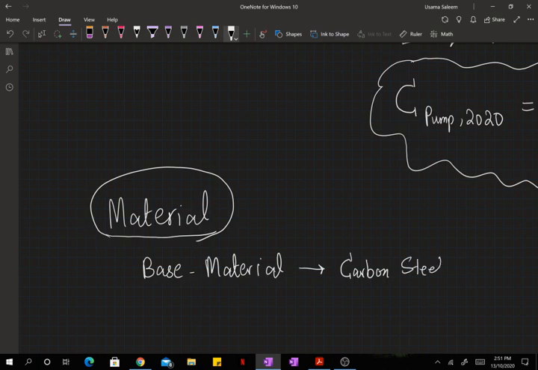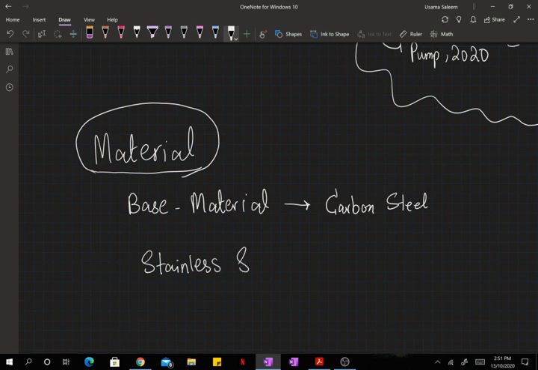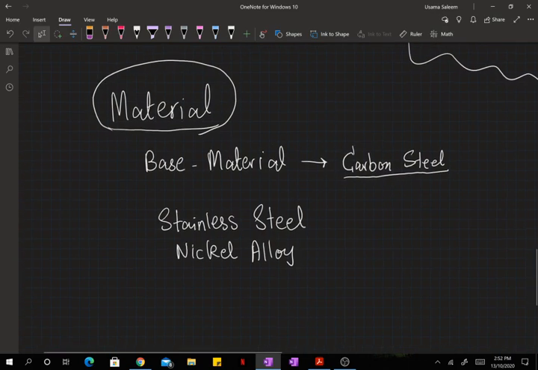But let's say you want a pump of the same size but in stainless steel or some nickel alloy. Carbon steel does not perform very well when you're handling corrosive or very high temperature substances, so you have to switch to stronger and more thermally resistant alloys.